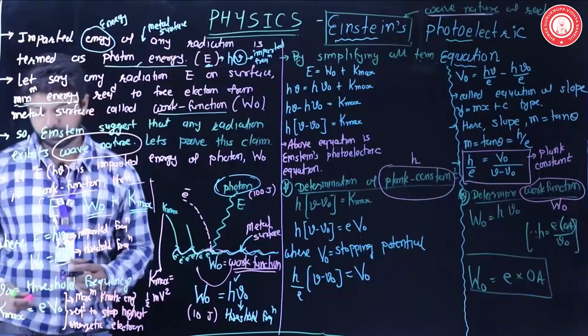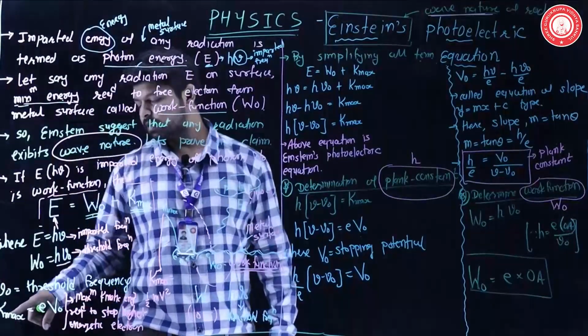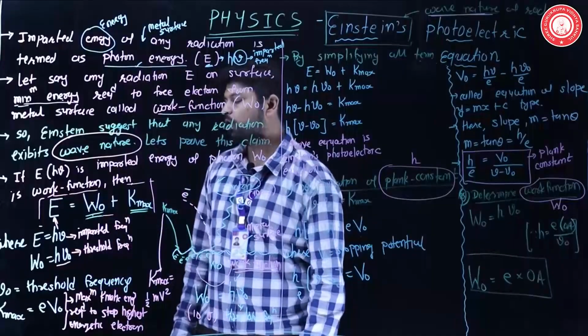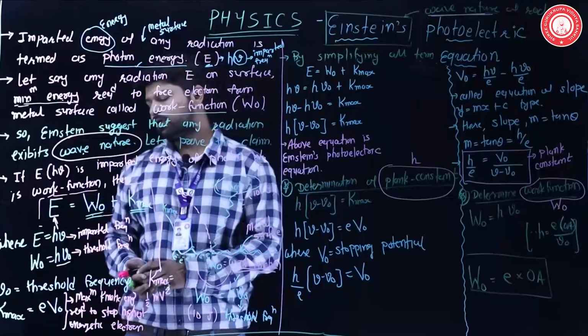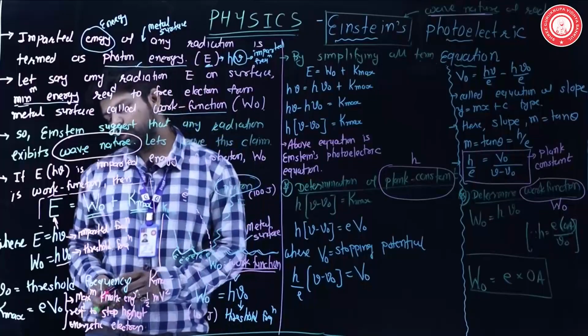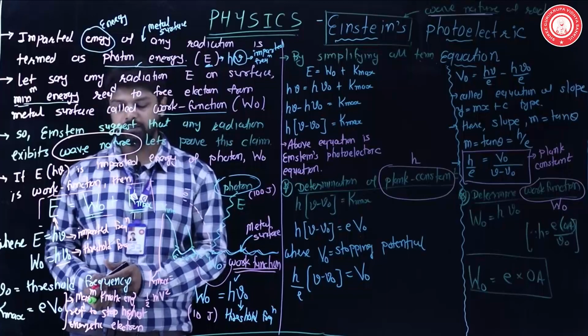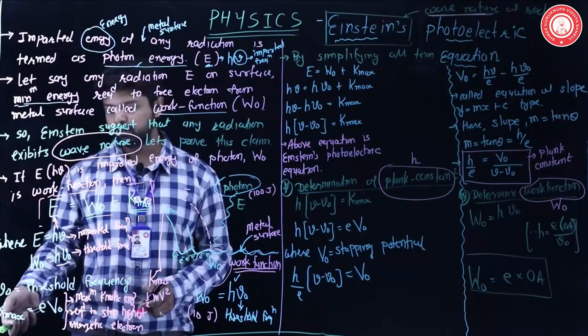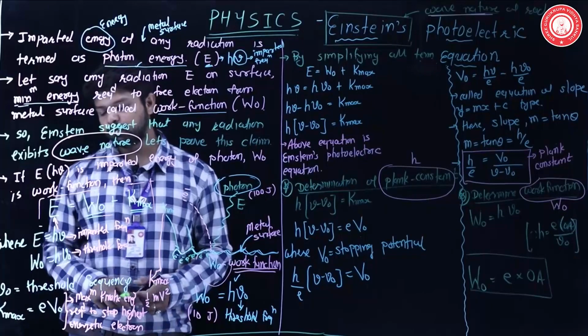From where does this concept come? This concept comes from the cathode ray discharge tube, the previous topic of this chapter. In the cathode ray discharge tube, you can see the maximum kinetic energy required to stop the highest energetic electron is Kmax, and this value is eV0.